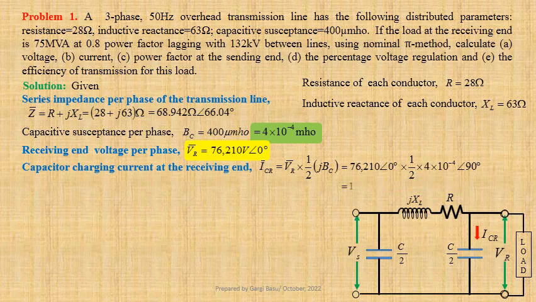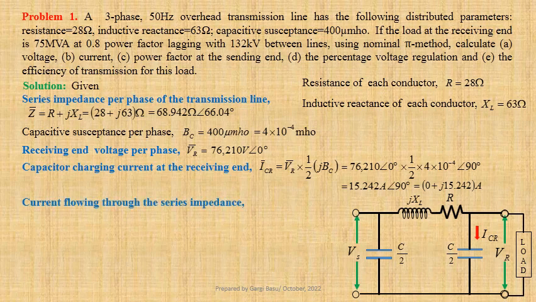That gives us 15.242 ampere at an angle 90 degree. This may be written in Cartesian form as 0 plus J times 15.242 ampere.